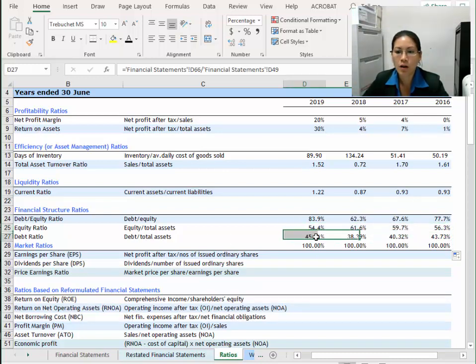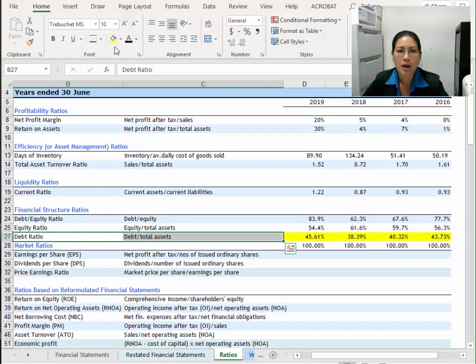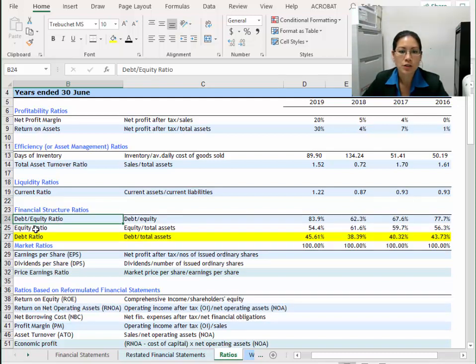Now I'll just highlight this one in yellow. You don't have to do this one. I just wanted to illustrate the difference when you're trying to explain it. The debt equity ratio literally is the debt ratio divided by the equity ratio. So if you were to do that, you would still get 83.9%.